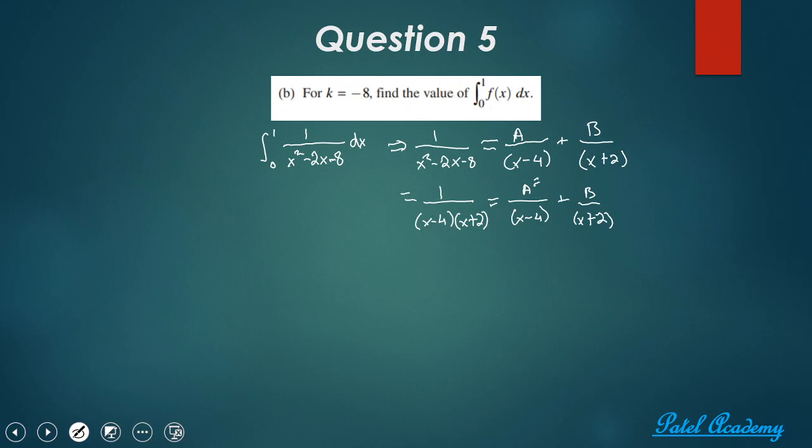So x is equal to 4, cover up the x minus 4 factor, I get 1 over x plus 2. When x is 4, my a is 1 over 6. My b value, well, what makes the denominator equal to 0? When x is negative 2. Cover up the x plus 2 factor in the original, I get 1 over x minus 4. When x is negative 2, I get 1 over negative 6, or negative 1 over 6.